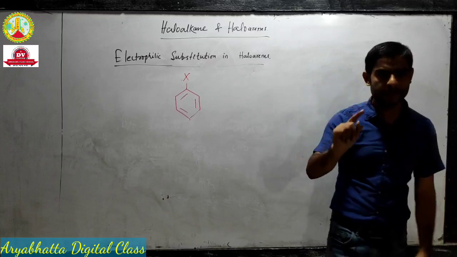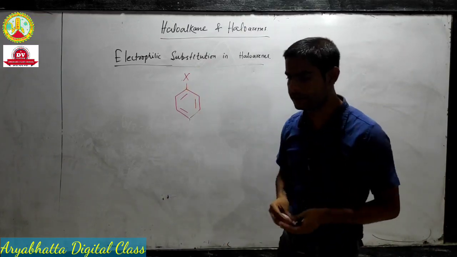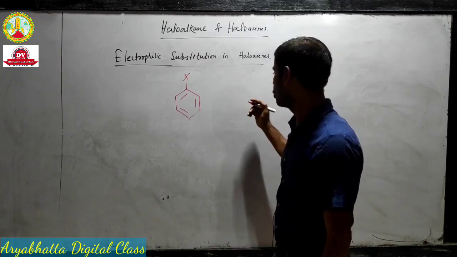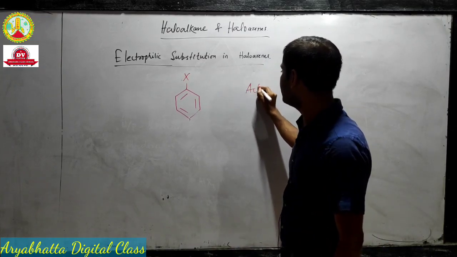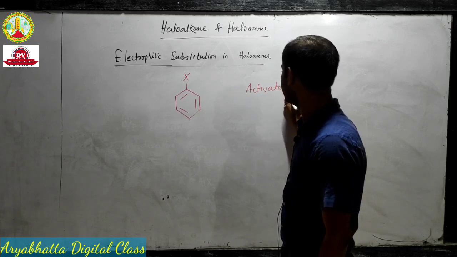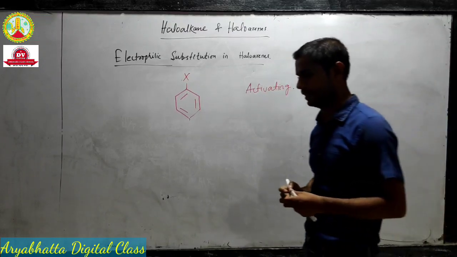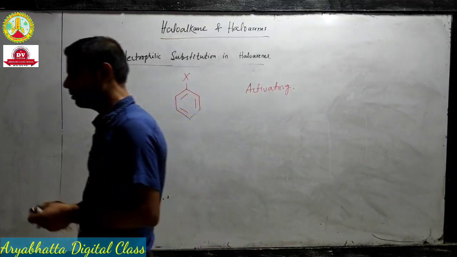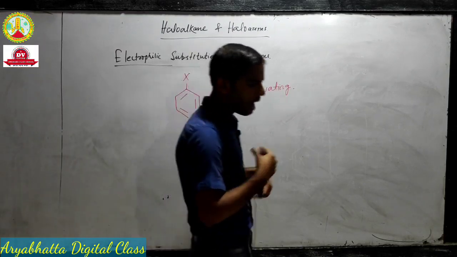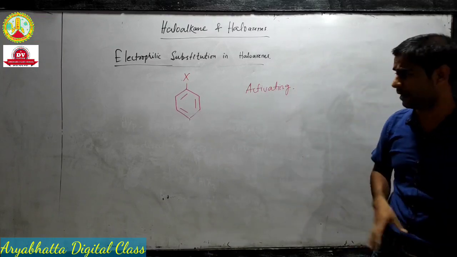Now the second thing about any group is, one is its directivity and the other is its activity. There are some groups which are activating and a few groups which are deactivating. Now what do activating and deactivating mean? How can some groups activate and how can some groups deactivate?